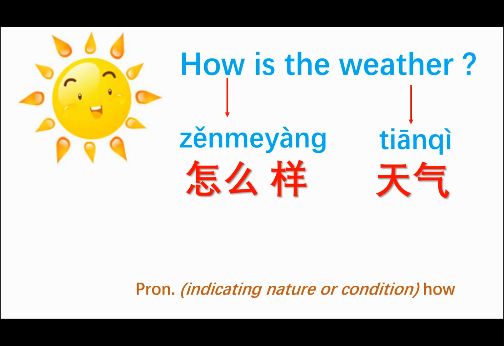Then how do we say how's the weather in Chinese now? Remember, I've told you that in Chinese, we always put the question word at the end of a sentence. So how do you say this?